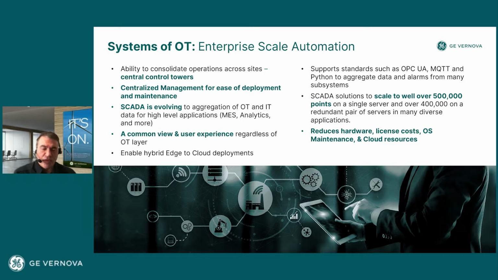The scalability also helps if you want central operations, where you've got multiple sites and want a centralized control room or remote operations. Simplicity can handle that as well, and as mentioned previously, it can also work with cloud-based applications.